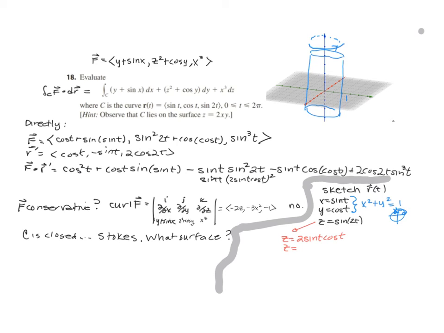But in eliminating the parameter, sine of t is x and cosine of t is y. So that is some surface, z equals 2xy.